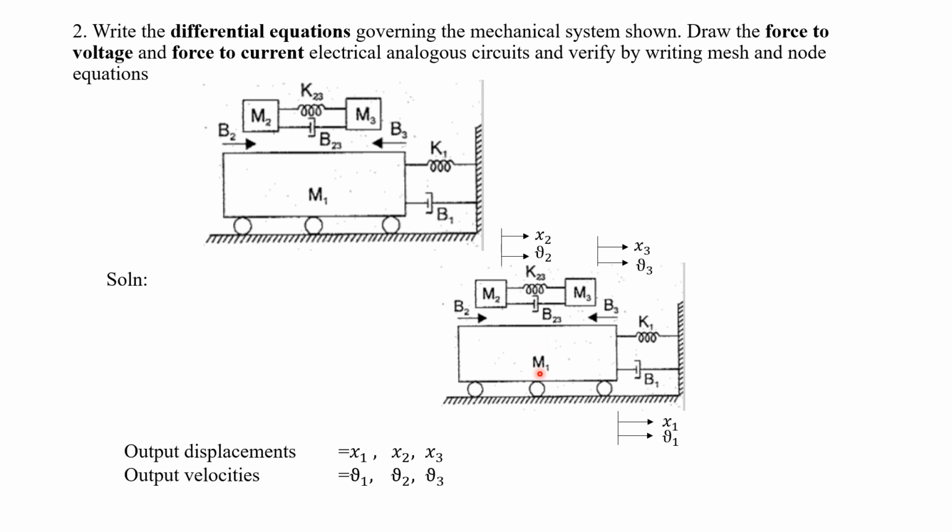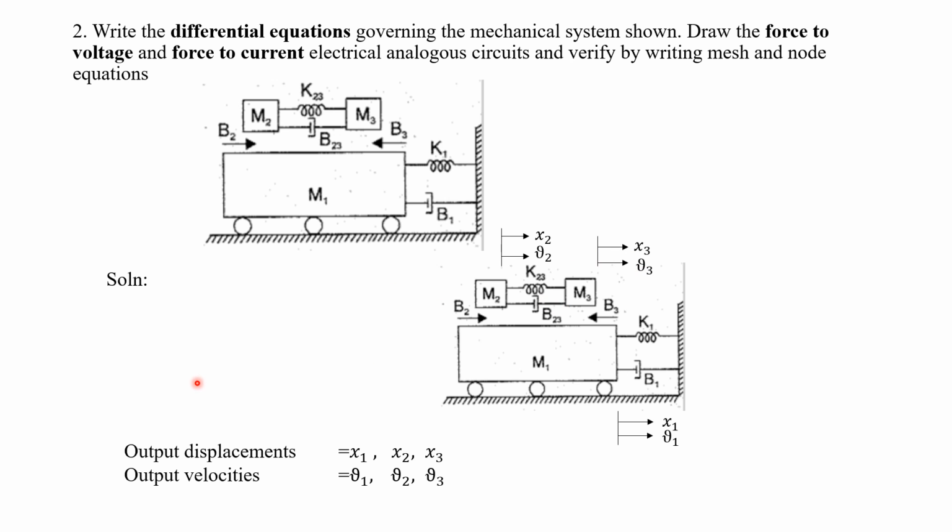So for mass M1, the output will be x1 and the corresponding velocity will be v1. For mass M2, displacement will be x2 and velocity v2. Then for mass M3, the displacement will be x3 and velocity v3. This we have to mark by redrawing the question.